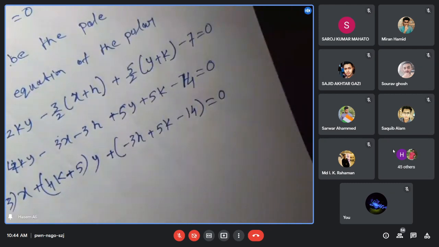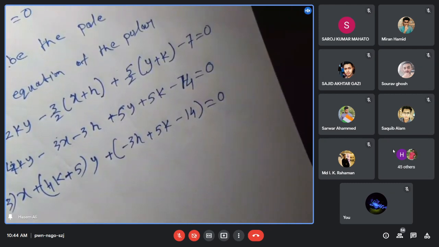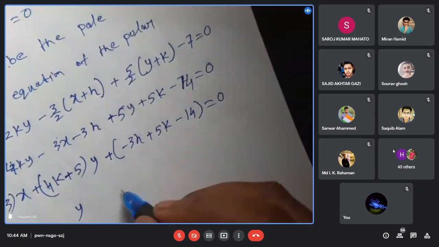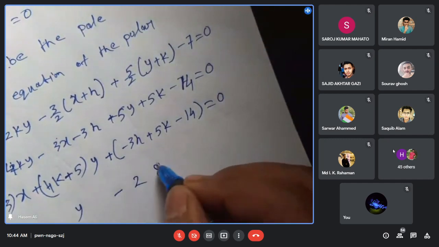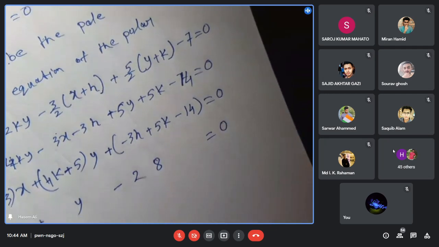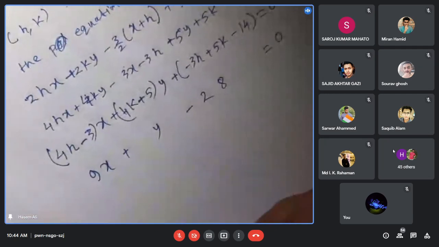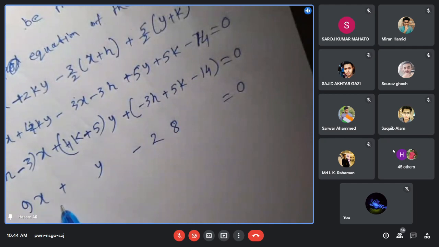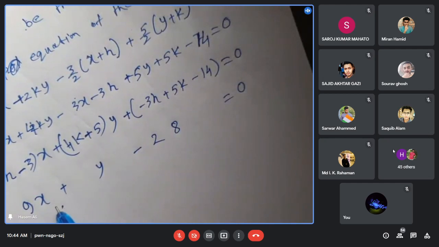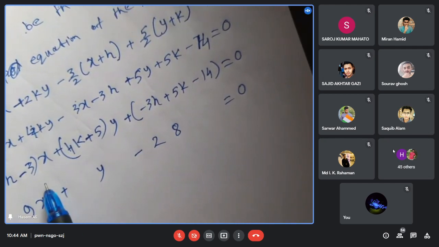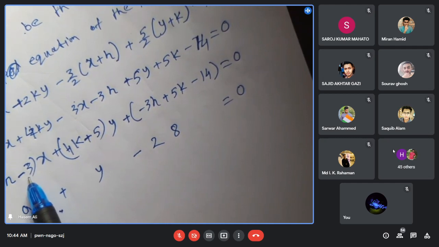And we compare this with the equation 9x + y = 28, so if we write it here as 9x + y - 28 = 0. Now compare these two equations, because this is the given polar, and this is the equation of the polar we found.